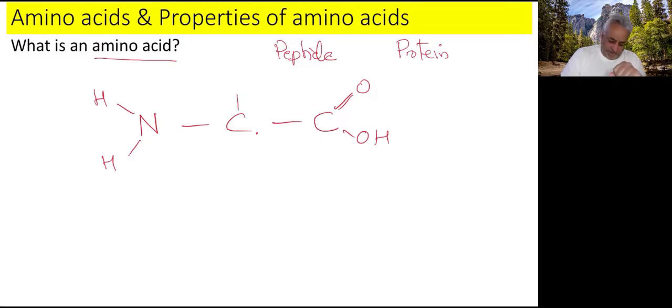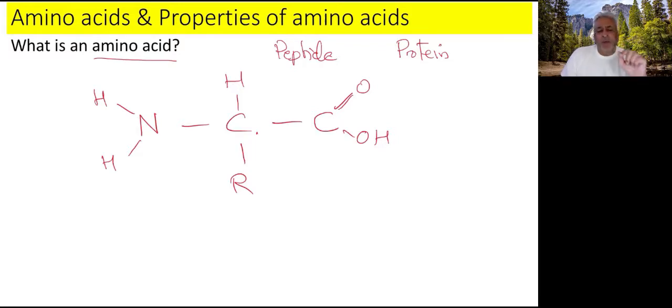One thing missing is that the carbon is always bonded to one hydrogen. That leaves us with the central carbon having one more free covalent bond. And that is always bonded to something below. Now, the something below is what gives us our different flavors of amino acids. In this course, we assume that there's only 20 amino acids to choose from.